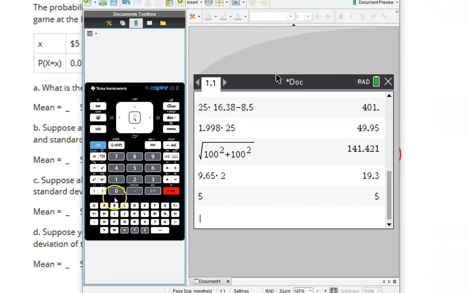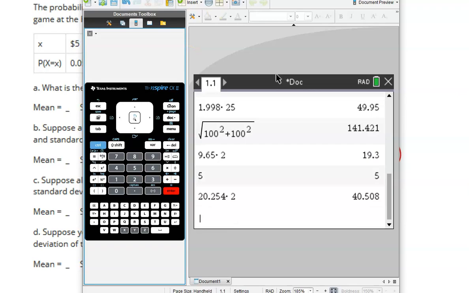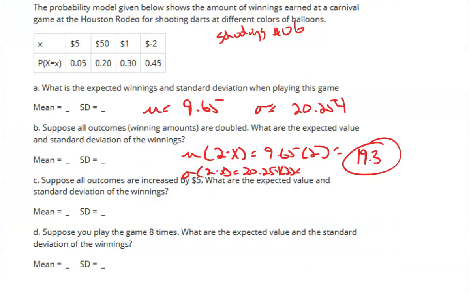I get 40.508. So 40.508 is the standard deviation on this one, and this one is the mean. So that should be B if I just double the amounts.